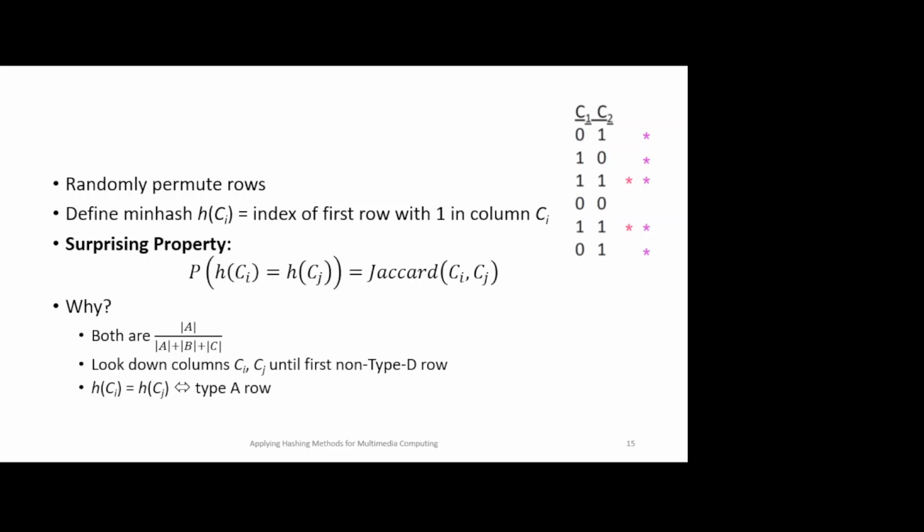It's ideal to call it a min-hash, but you have to permute. After the permutation, check from the first row to see where the 1 appears. You see the first 1 appears at the second row, so its min-hash will be 2. And we say the property here: the probability that the min-hash values of the two documents are equal is the same as the similarity between the two documents.